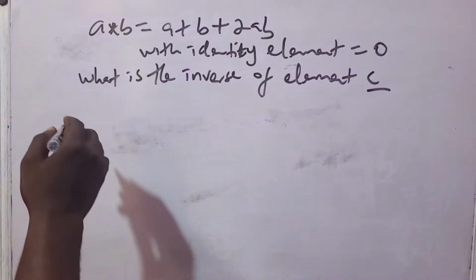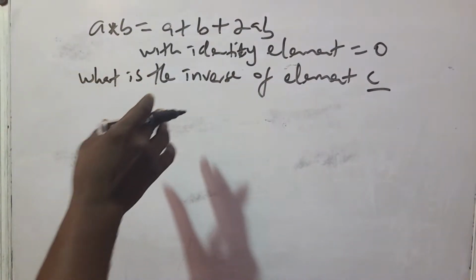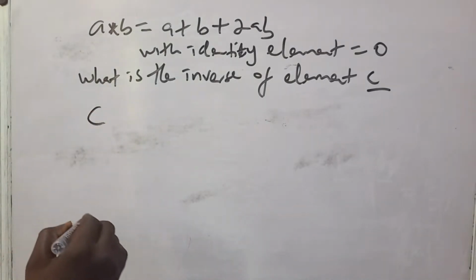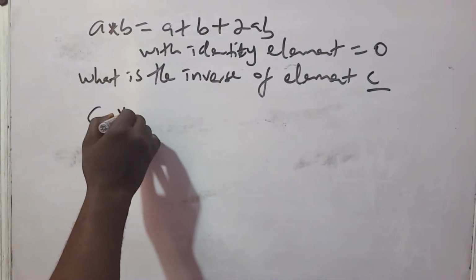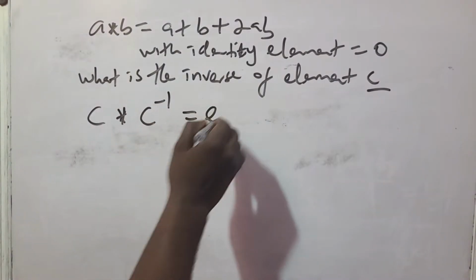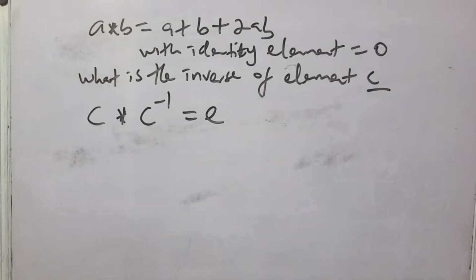I want you to know that there is also a notation, a syntax that says that when you have an element with its inverse, you must get the identity element. This is something that also works when dealing with matrices.